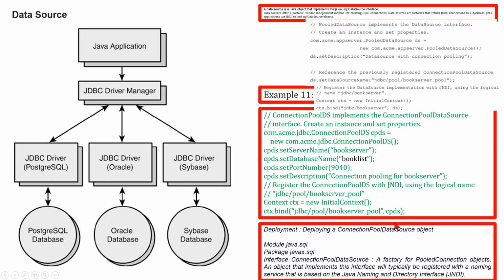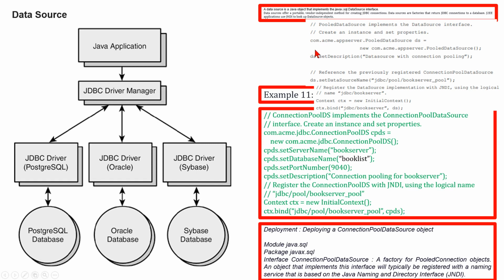The first step is to deploy a connection pool data source implementation, as is done in this code example. Once this step is complete, the connection pool data source implementation is available as a foundation for the client visible data source implementation.